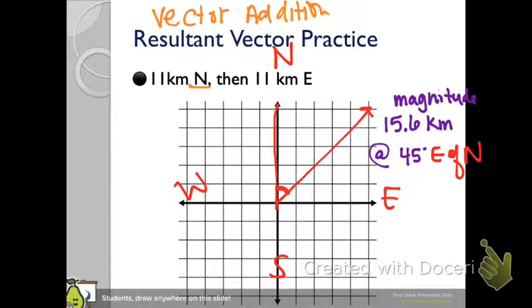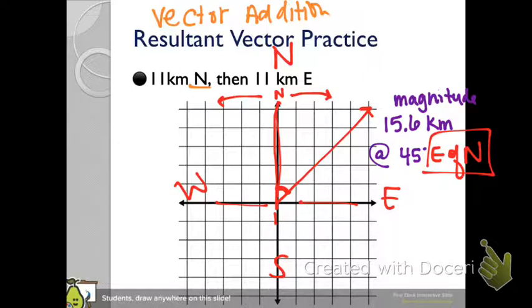The north, the east, the south, or the west? It's touching the north axis. So then I decide, does my triangle swing east of north or west of north? It swings east. So that's how I found east of north. Right, just like that. Pretty simple, huh?